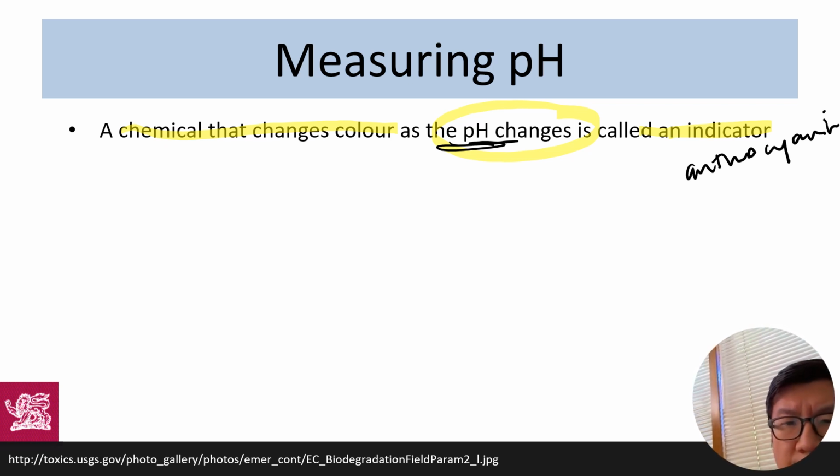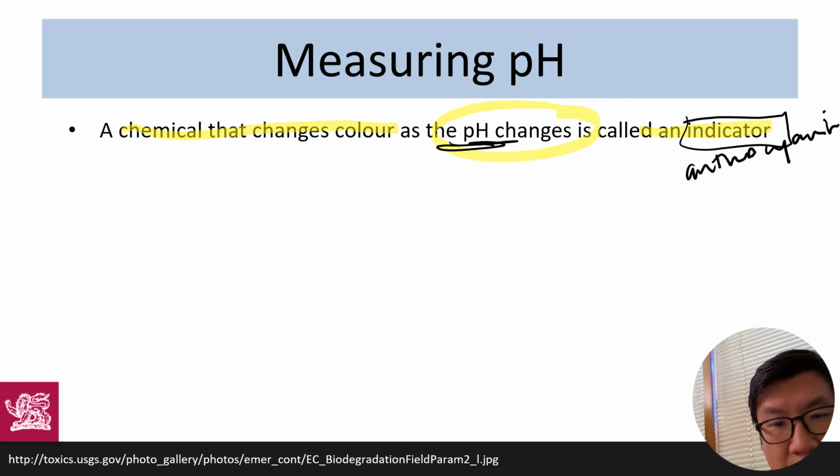So that's all an indicator does. It indicates the pH of a solution, and all you need to do is add it.